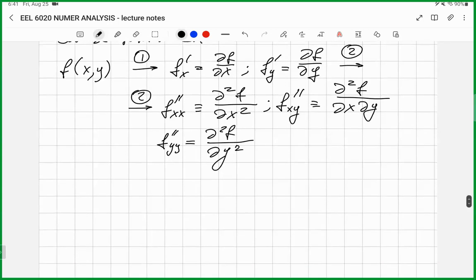So in terms of this mixed differentiation, when we differentiate the function by x and by y, is the order of this differentiation important or not?